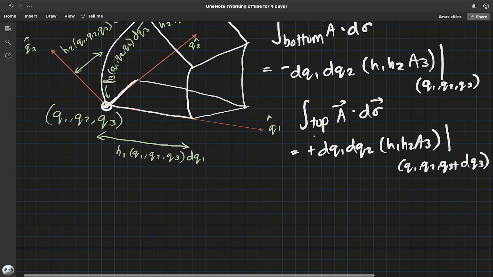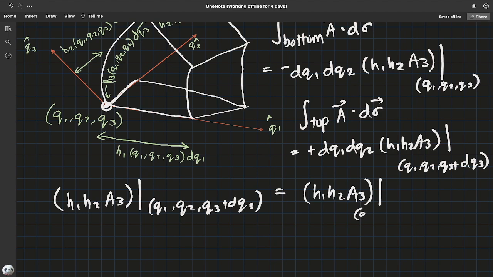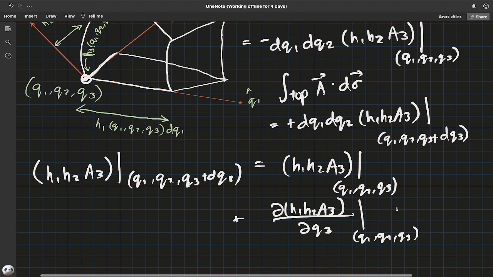But what's important is clubbing these two terms, because notice this pattern: h1, h2, A3 evaluated at q1, q2, q3 plus dq3 is just equal to the first guy, h1, h2, A3 evaluated at q1, q2, q3, plus the partial of h1, h2, A3 with respect to q3, evaluated at q1, q2, q3, times dq3.